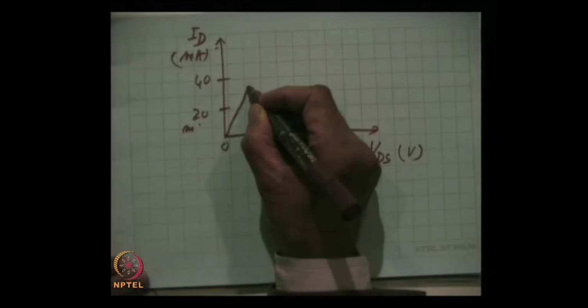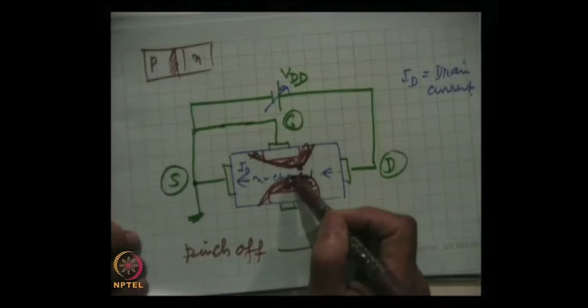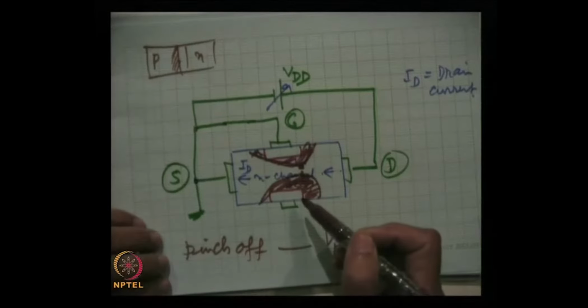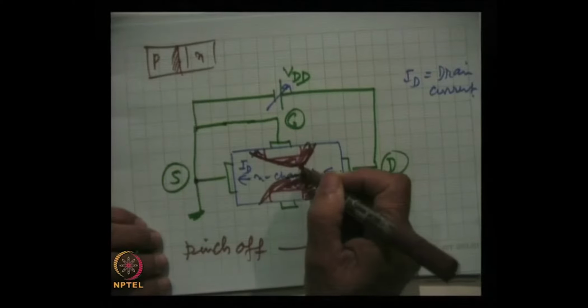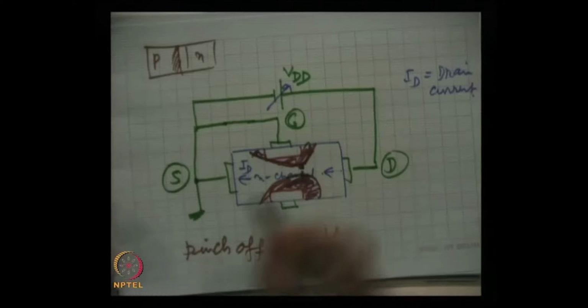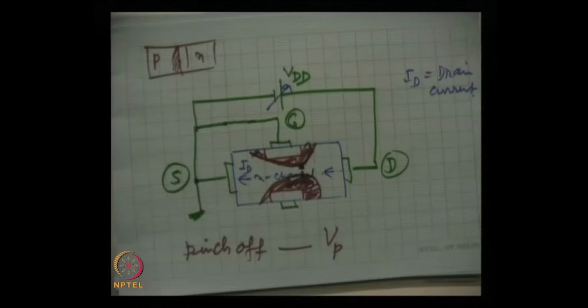With this increase, this depletion region is spreading more and more towards the channel, and the moment the two depletion regions touch each other, pinch off occurs, and by then the extent of resistance conductance change nullifies the effect of the rising voltage.